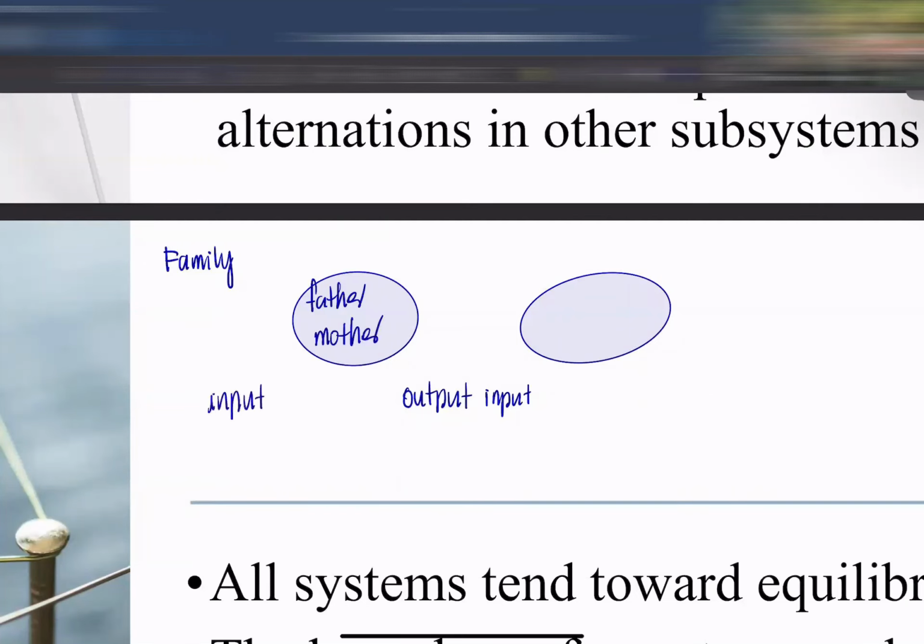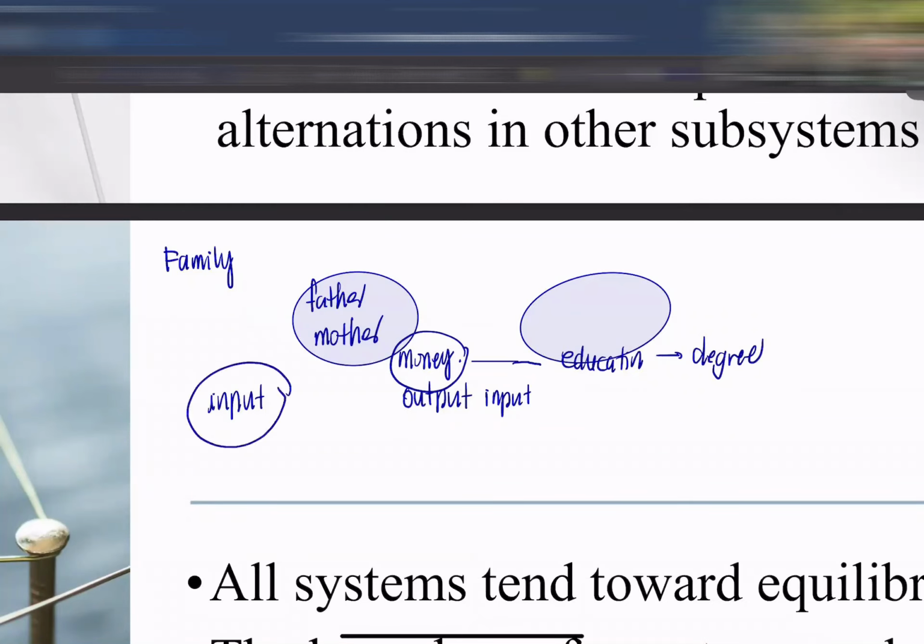That's their input. The output plus of their work is that there will be money. And then plus that money becomes an input to your end. Okay? Di ba class, ang money, output yan ni father, ni mother, at saka ni household heads natin. Plus that input or that money as their output becomes your input so that you will be able to have your education. And then the expected output plus is that you will have a degree. That demonstrates why one input becomes the output of the other.